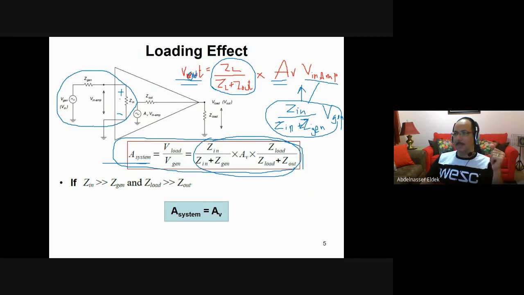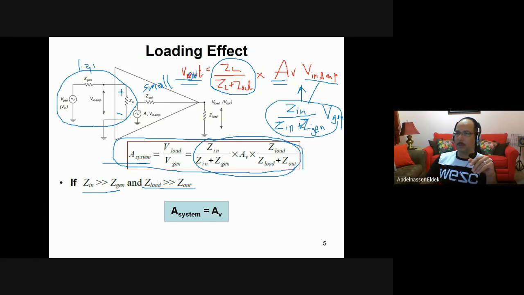Of course, if Zn is much larger than Z generator, which is usually the case because Zn is designed to be high, and Z load is much larger than Z out, so usually we need to design the amplifier so that Z out is small and Zn is large.